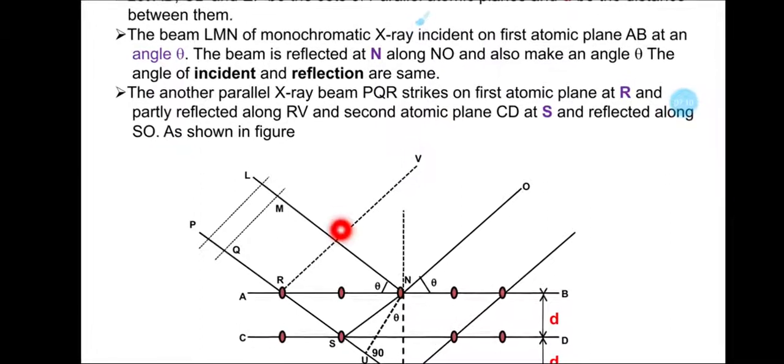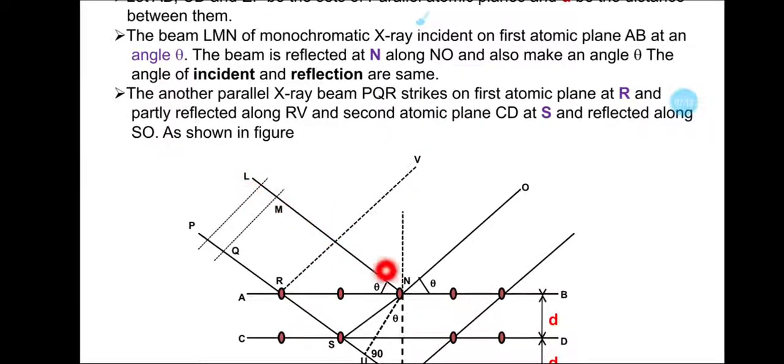So the first X-ray beam strikes the first plane AB at point N and is reflected along NO, making theta as the angle of incidence and this is the angle of reflection. Then the second parallel beam PQR strikes the first atomic plane at point R and is partly reflected along RV, and the second atomic plane CD at point S is reflected along SO as shown in the figure.